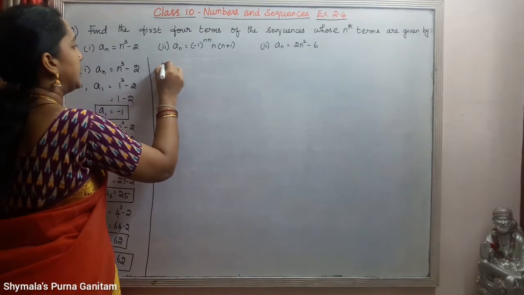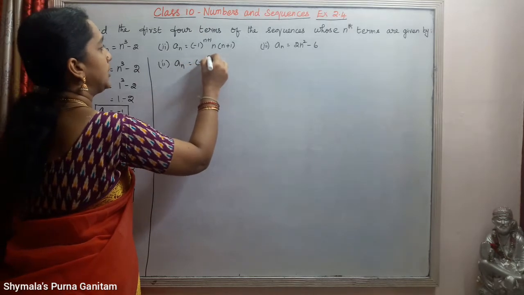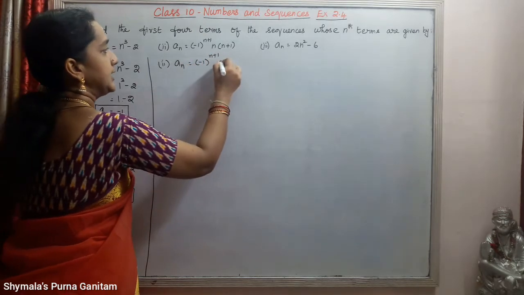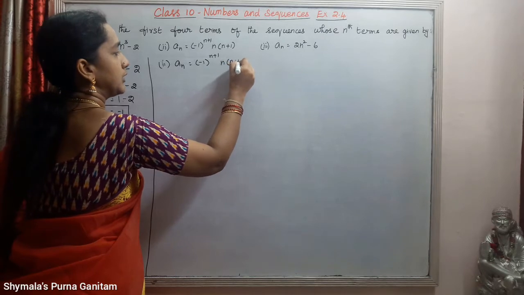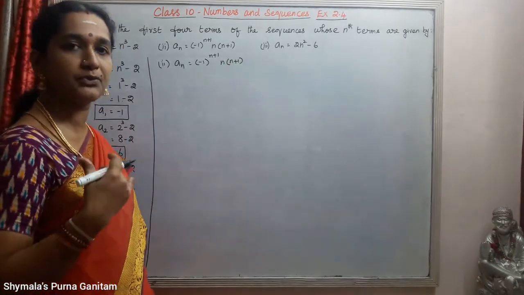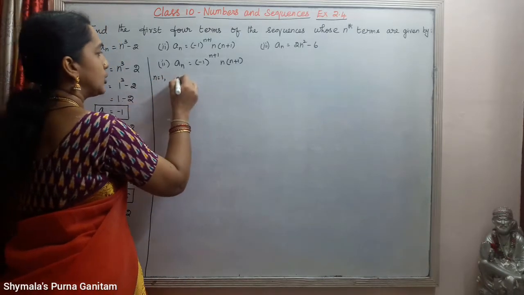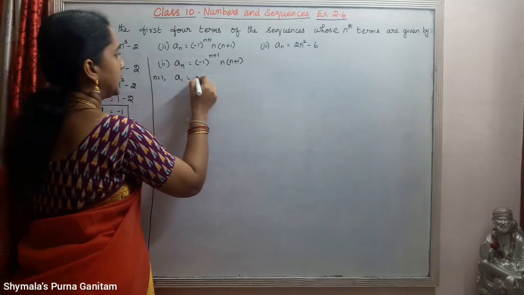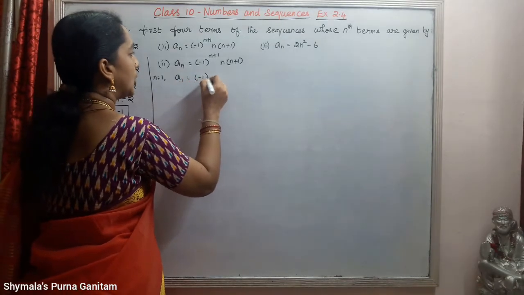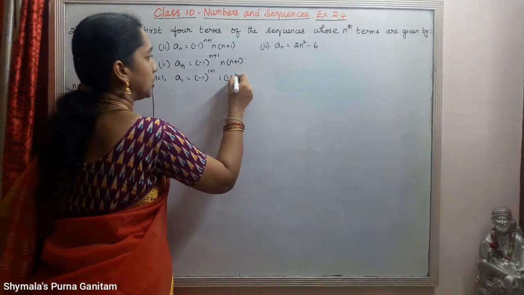Then the second one is a_n equals (minus 1) whole power n plus 1, into n into n plus 1. Wherever n is there, we will be substituting 1, 2, 3, 4 and find the four terms. So first, n is equal to 1. So a1 is equal to (minus 1) whole power 1 plus 1, into 1 into 1 plus 1.